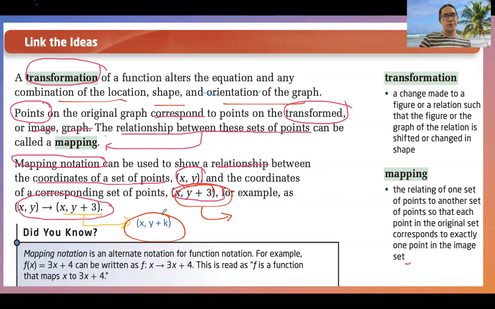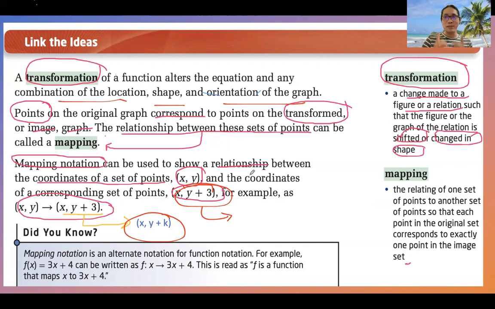Did you know that a transformation is a change made to a figure or a relationship such that the figure or the graph of the relation is shifted or changed in shape?